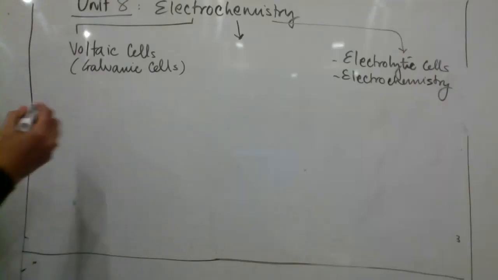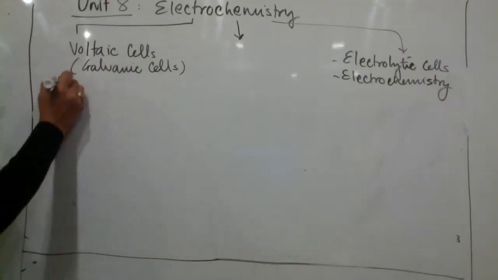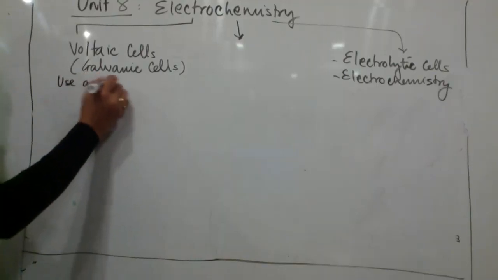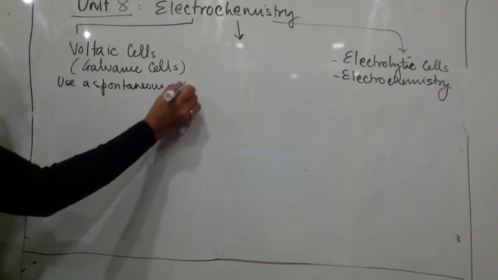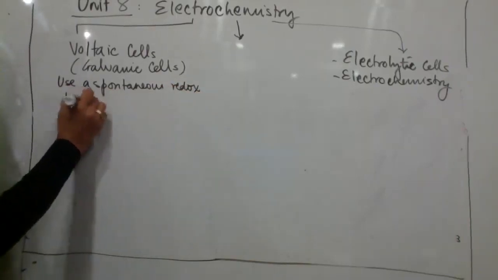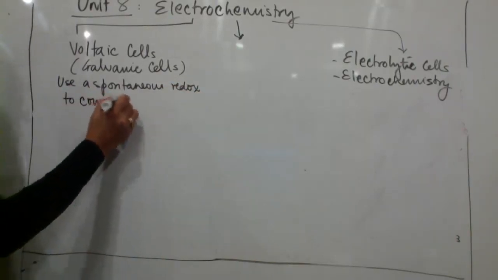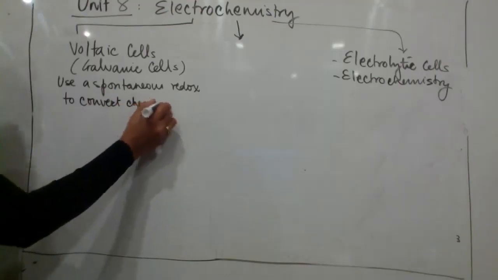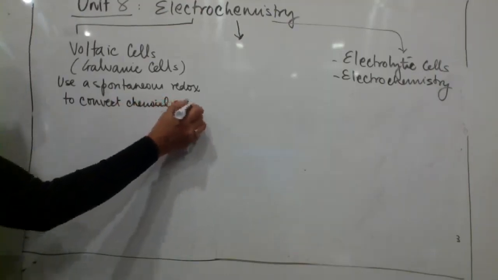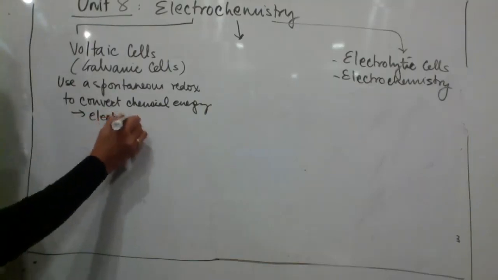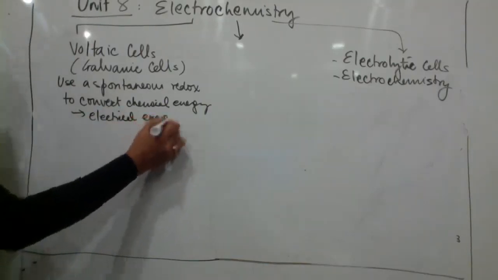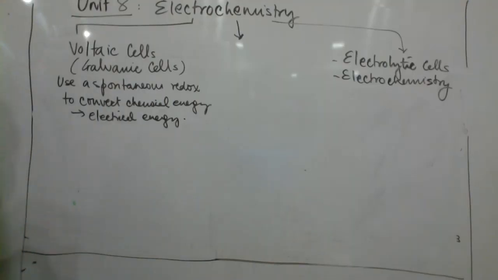They're both the names of the same thing. Voltaic cells use a spontaneous redox reaction to convert chemical energy into electrical energy. They are the batteries that you use in all your devices.